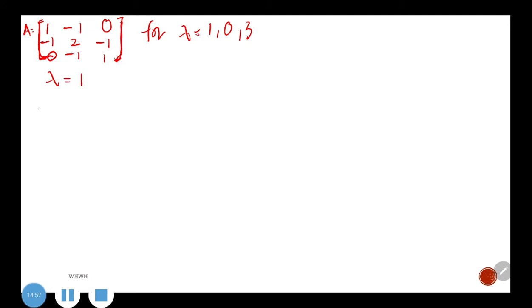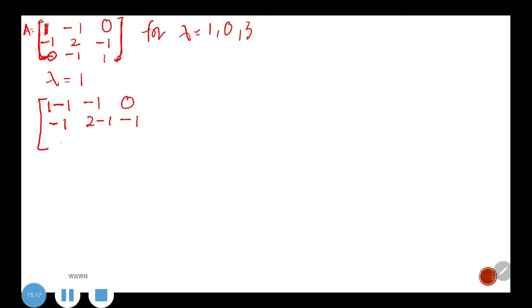Ingat tak cara macam mana kita nak cari ni? Kita substitute with 1 minus lambda tadi kan. Kat sini kan kita ada 1 minus lambda. So this one will be 1 minus 1, negative 1, 0. So negative 1, 2 kat sini kita minus with 1, which is 2 minus lambda tadi.